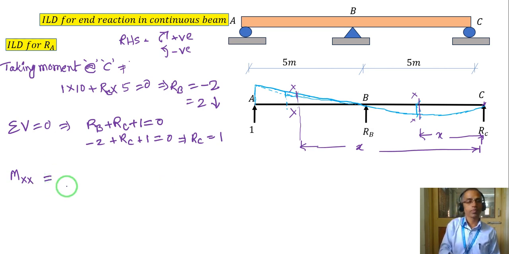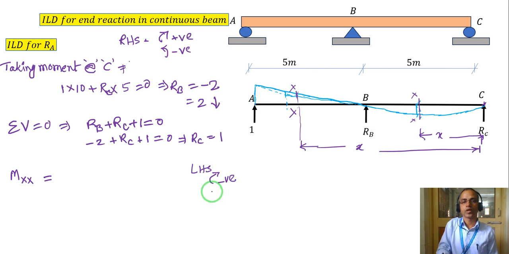Now for the moment at X, I am going towards the left, LHS. For LHS, clockwise is negative and anti-clockwise is positive. Again, we need to remember this. How much is the moment at section X due to RC?